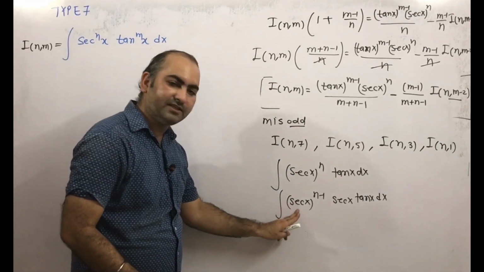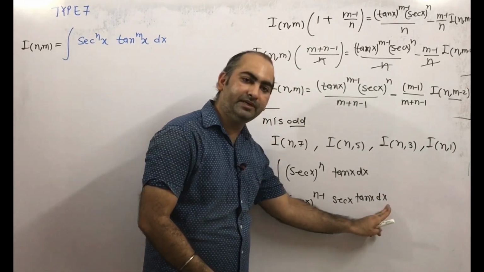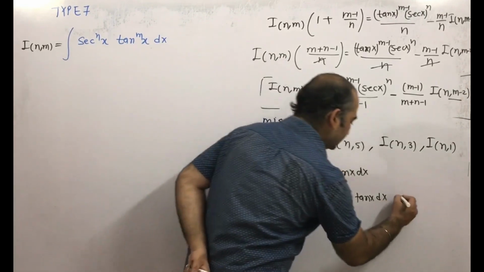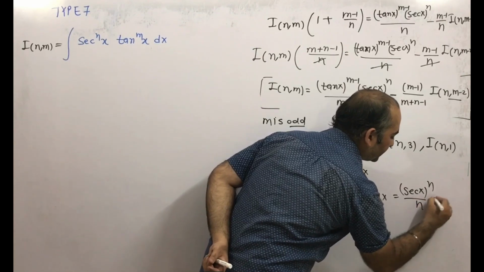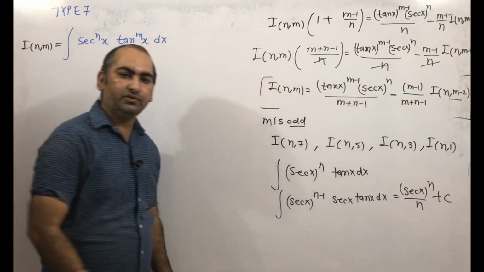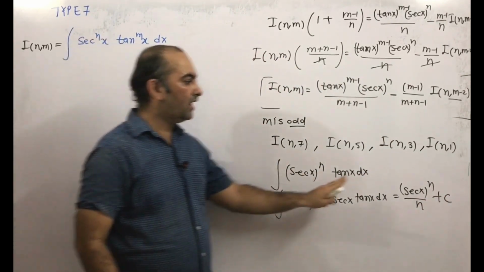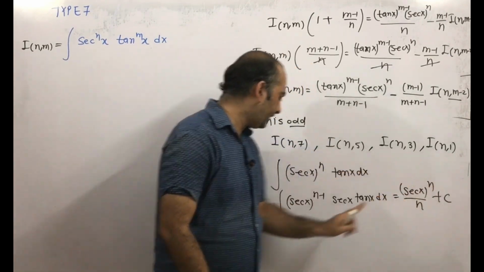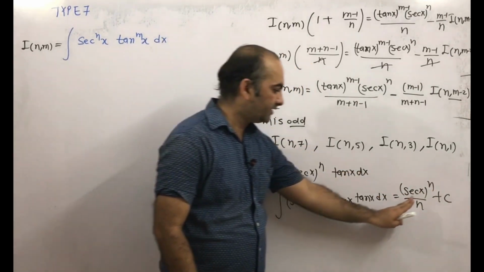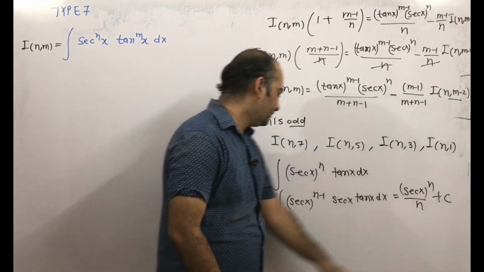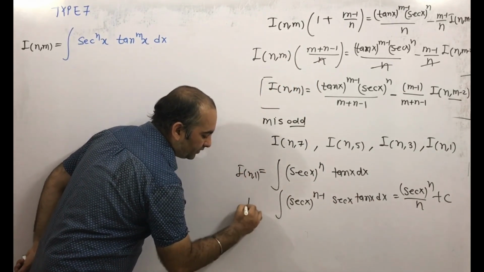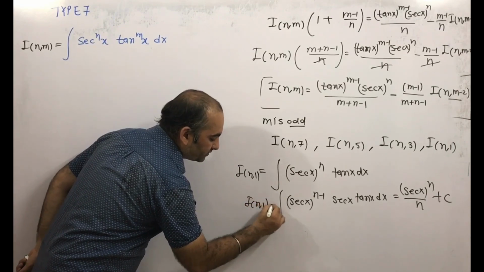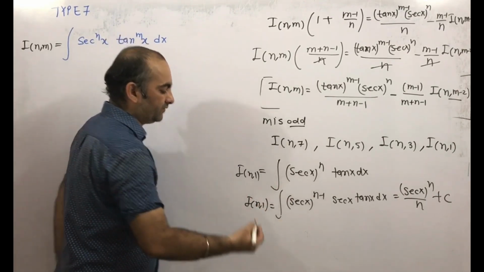If I take secant x as t, then secant x tan x dx will be dt. So this integration will be secant x to the power n divided by n plus c. So if n is odd, then we have to go till I(n, 1), and I(n, 1) is secant x to the power n divided by n plus c.